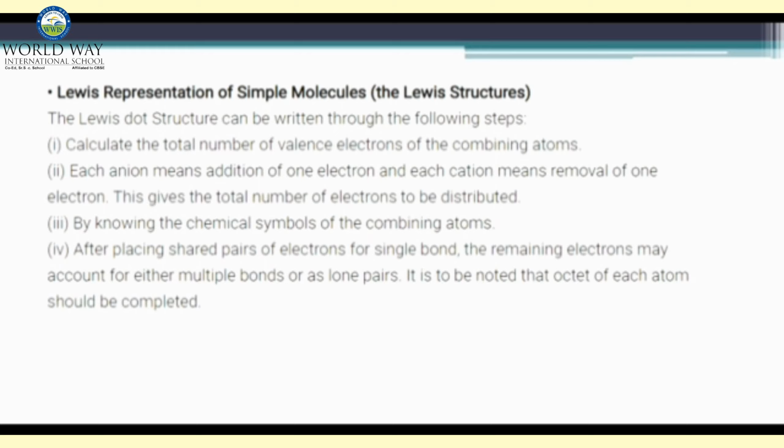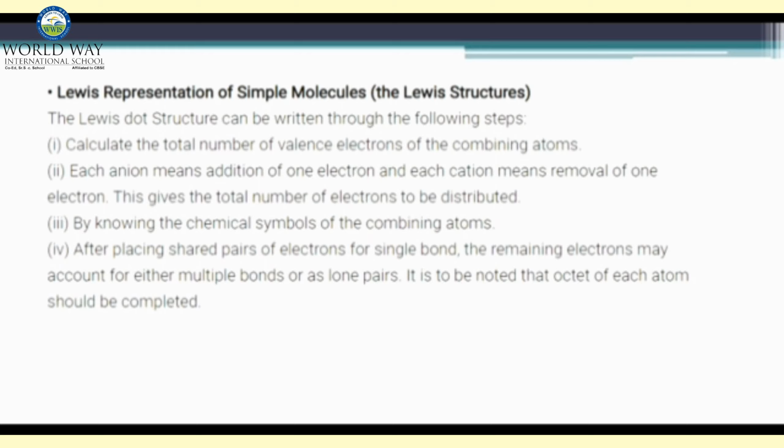First of all, we need to calculate the total number of valence electrons involved in the combination of the atoms. Each anion means addition of one electron, and cations means the ion which is formed after the removal of one electron. So this gives us the total number of electrons that need to be distributed.